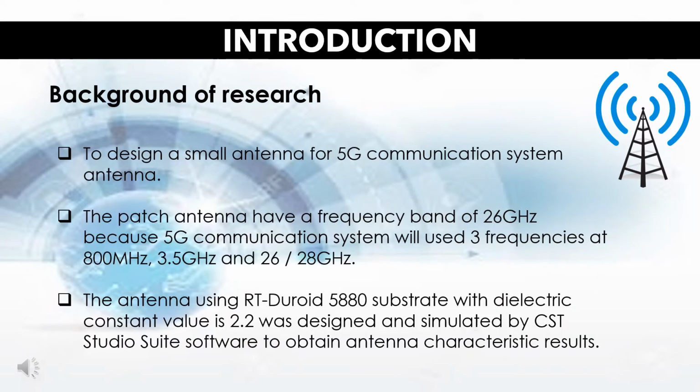Let's start with the introduction or background of research. The purpose of this project is to design a small antenna for 5G communication system. The patch antenna has a frequency band of 26 GHz because the 5G communication system will use three frequencies at 800 MHz, 3.5 GHz, and 26 or 28 GHz.